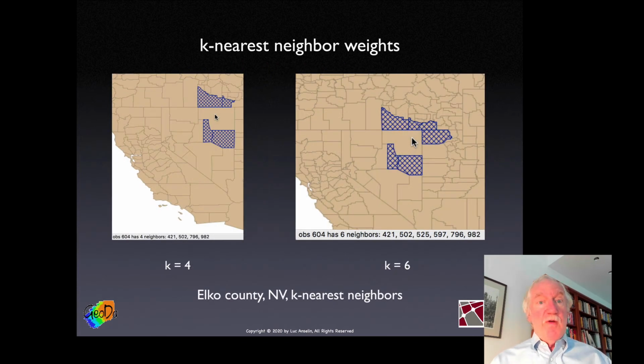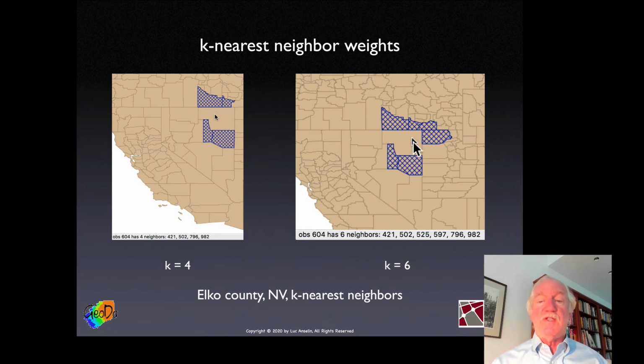K-nearest neighbors can look very strange. Here we're back with Elko County. Look at the 4 nearest neighbors. They don't include, say, this one or that one. They are based on the distances between the centroids of the polygons. So that can lead to arrangements that are not very intuitive.